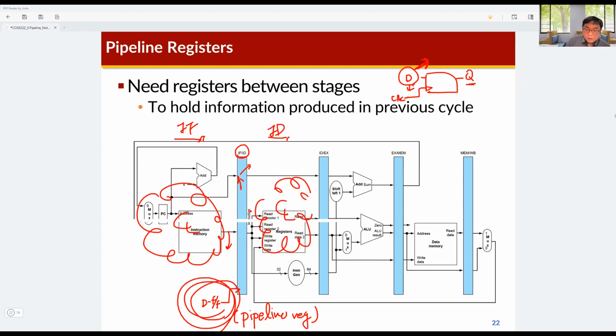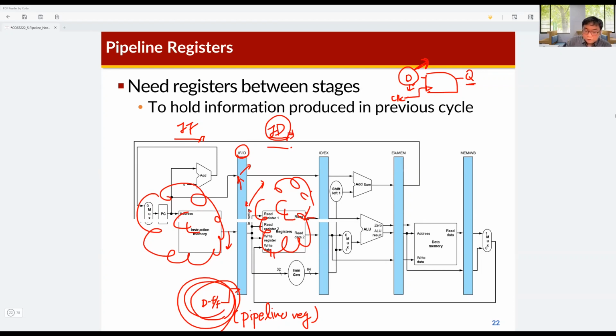So input data is maintained during one clock period. During this one clock period, the output of this ID step is generated by the data path elements of the ID step, that means the combinational logic of this ID step.